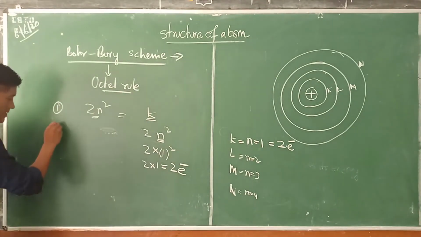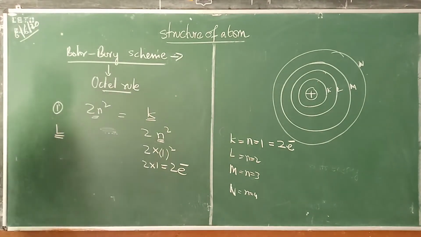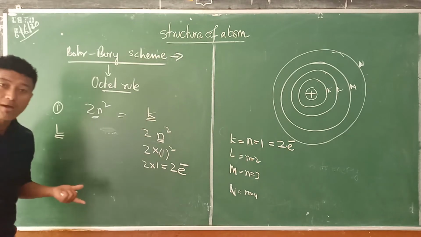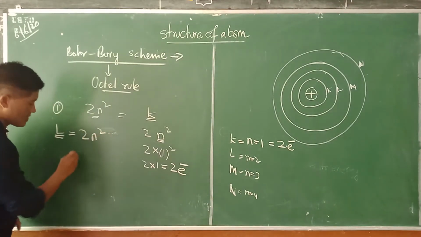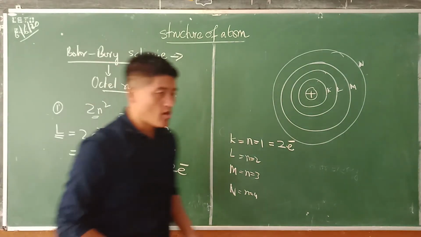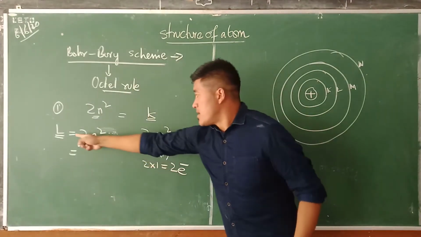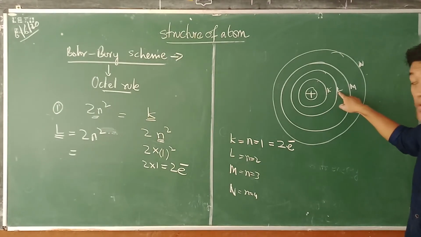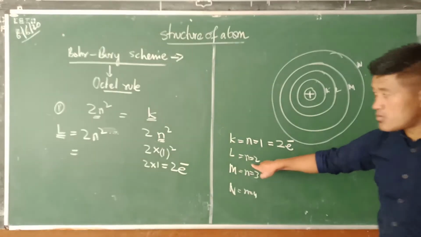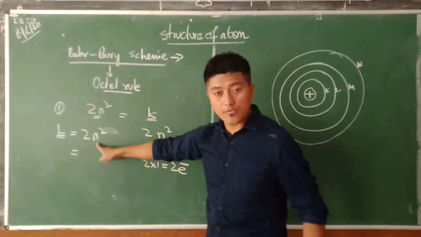That is the L shell. I hope every one of you is calculating right now. L is equal to 2n squared. This L is which number of shell? That is number 2. So instead of writing n, I write 2.